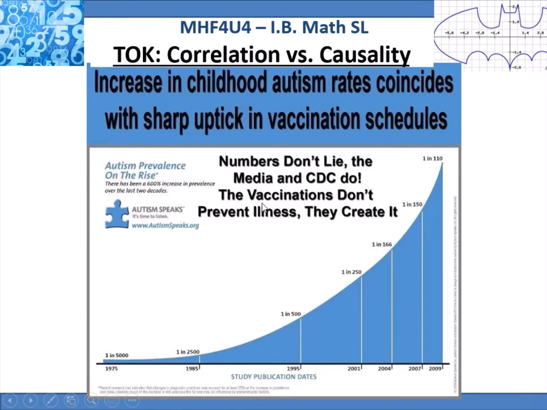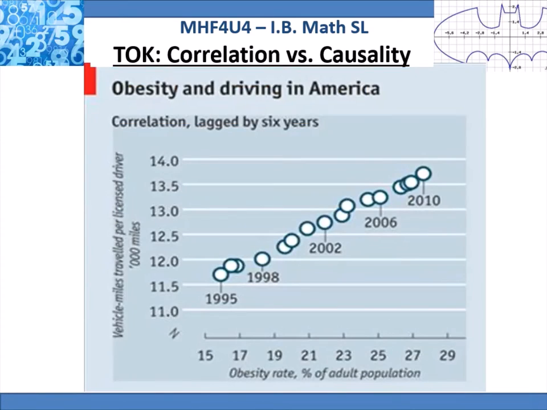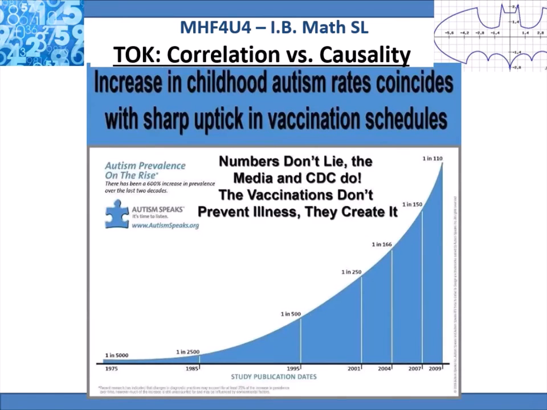The vaccines don't prevent illness; they create it." So I guess this is the number of studies, and this is the prevalence of autism or something like that. But my point is that sure, statistics can be put together, and it can kind of trick us, and it can trick us into something that actually hurts society.